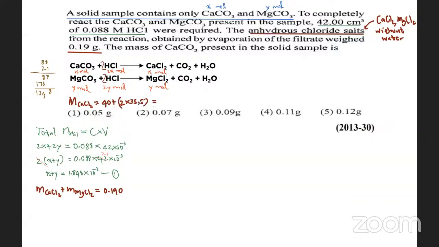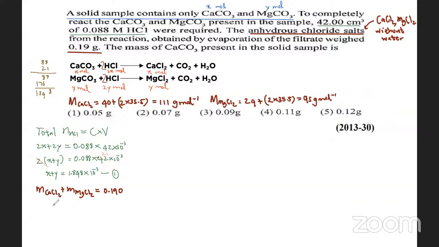Then 40 plus 71, it is 111 gram per mole. And molar mass of magnesium chloride, that is 24 plus 2 into 35.5, and that is 95 gram per mole. So what's the mass of calcium chloride then?